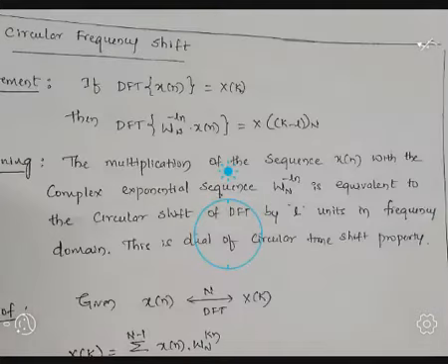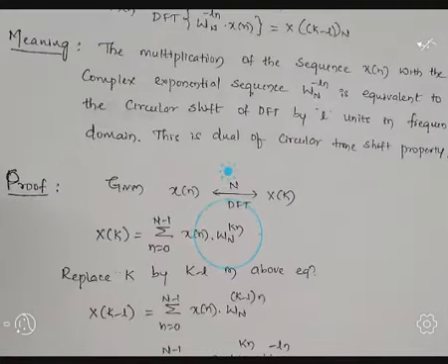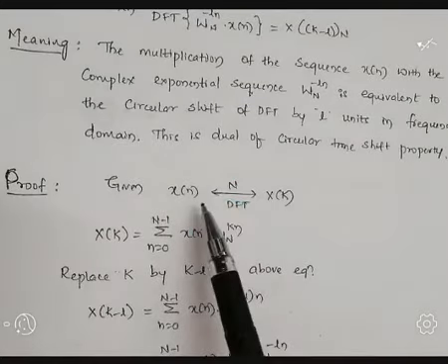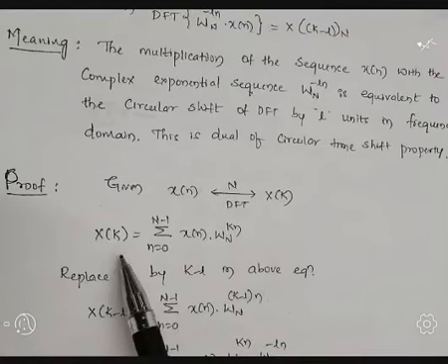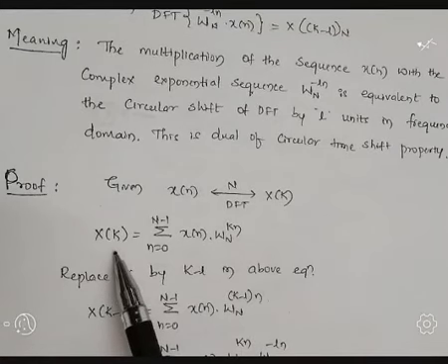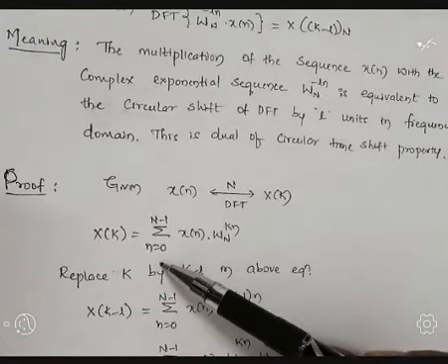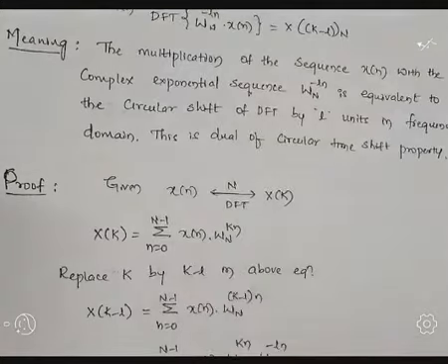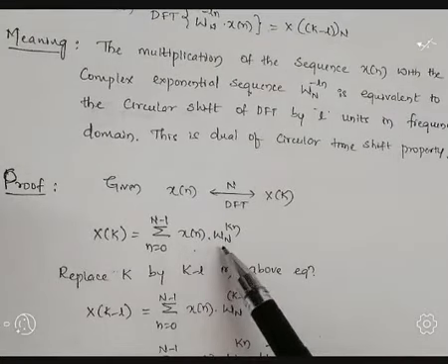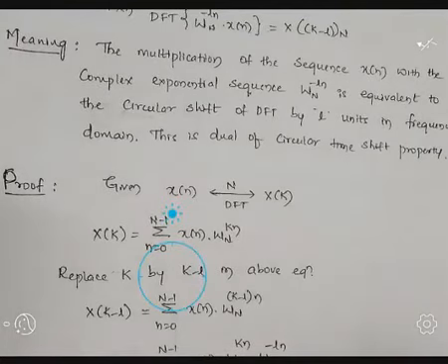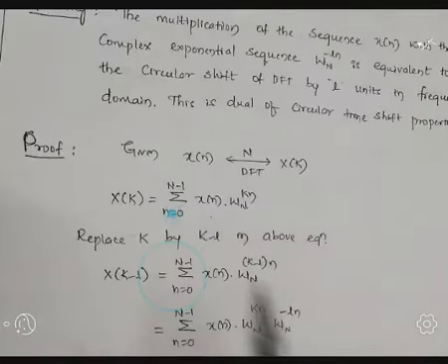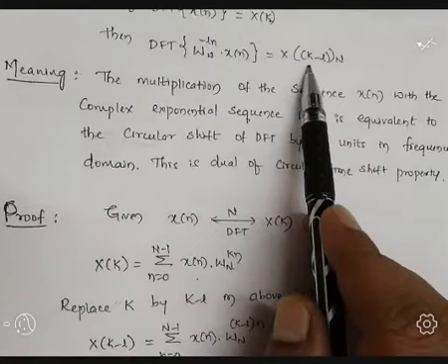So let's see. First, I will write the DFT pair: x of n has N-point DFT X of k. Then I am going to use the definition of DFT. X of k equal to summation over the limits n equal to 0 to N minus 1 of x of n multiplied by Wn to the power kn. So here, as per the statement of this property, X of k minus l we want.